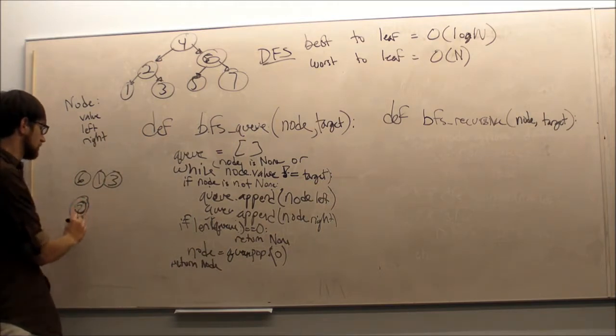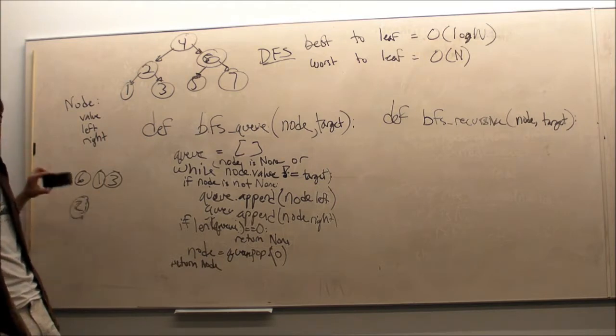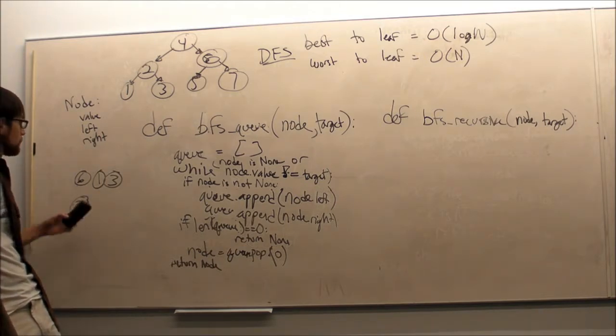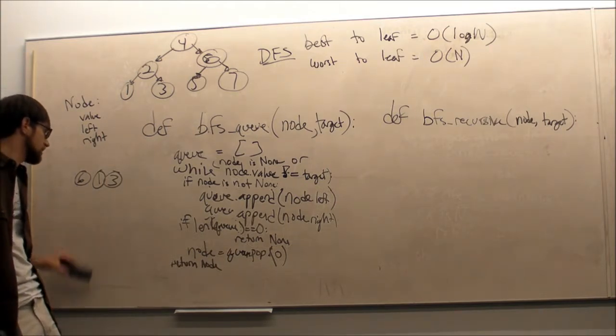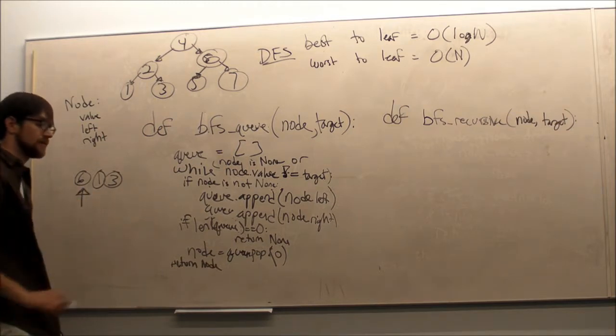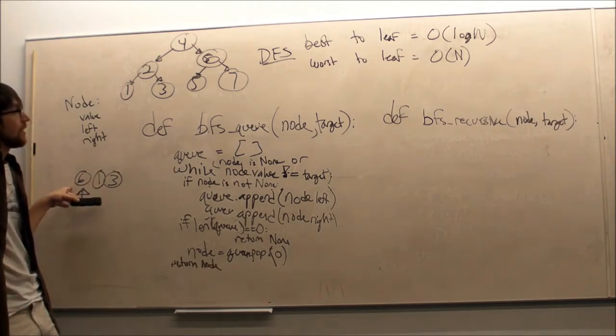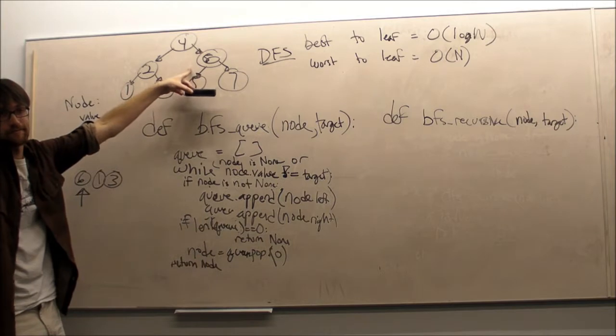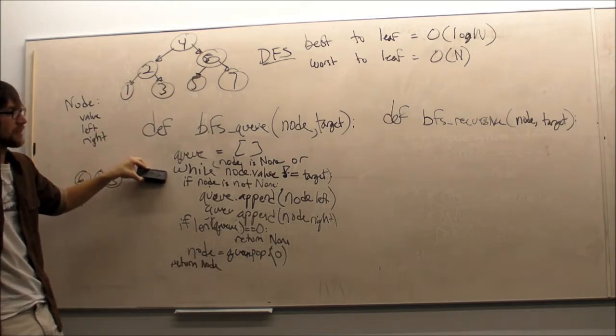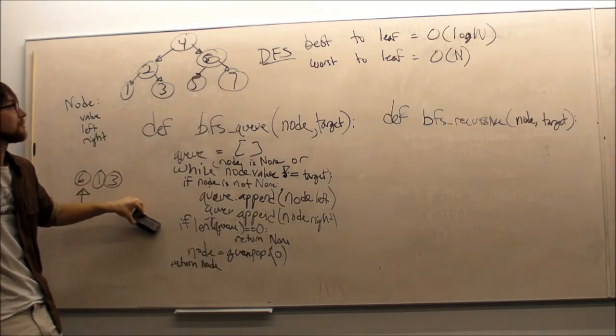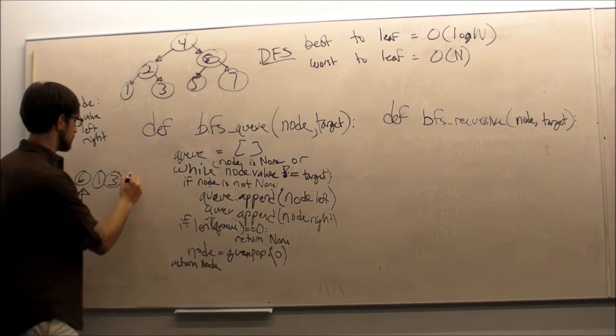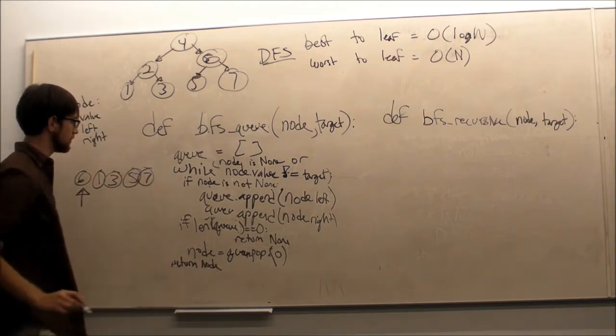So we end up looking, sorry, we've already done that, we're in 2. So we end up taking the next one that is in the front when we're looking at 2, which means we erase 2, and we take the first one here, which is 6. And so now we're searching over here. What do we do when we're here again? We add both of the children, which is, in this case, 5 and 7.